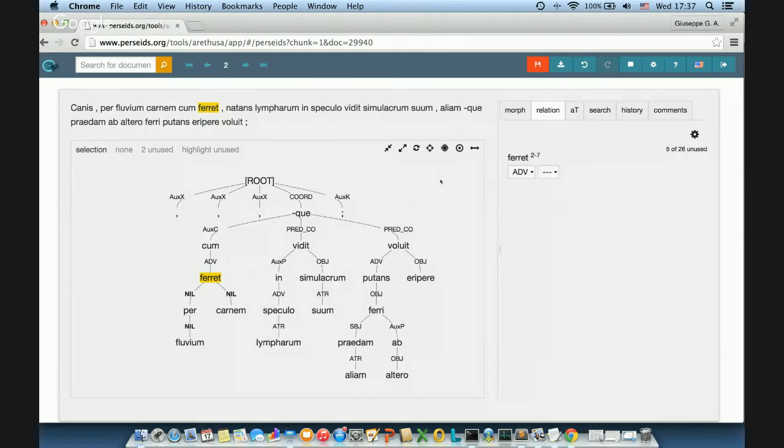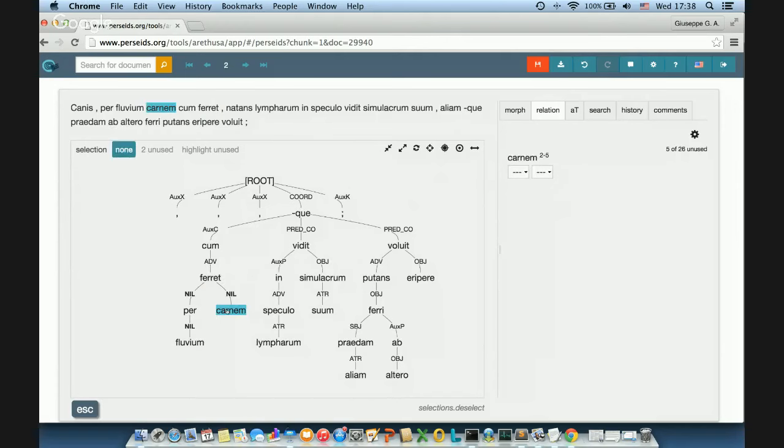I can use a temporal clause with any kind of verb, right? So this is what I mean when I say that it is not verb specific. And this is why ferret gets the adverbial label.